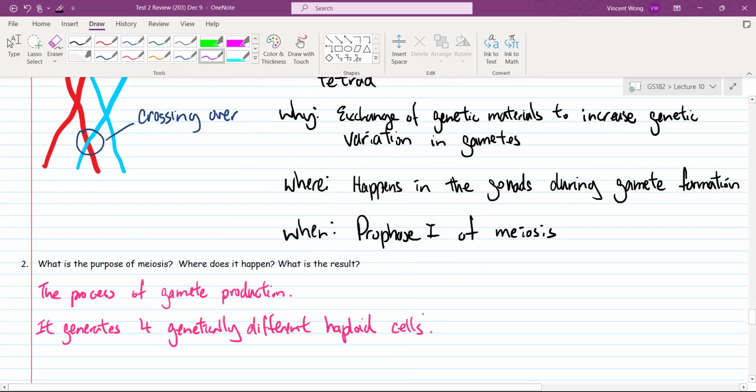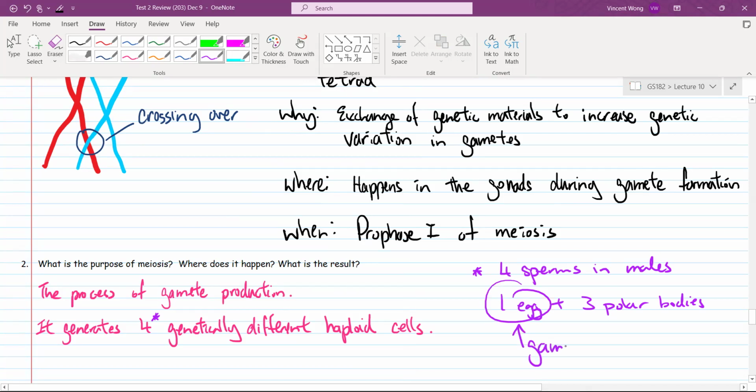Okay, and I'm gonna put a note here. Four sperms in males. For female is one egg plus three polar bodies. Okay. Only the egg is a gamete.